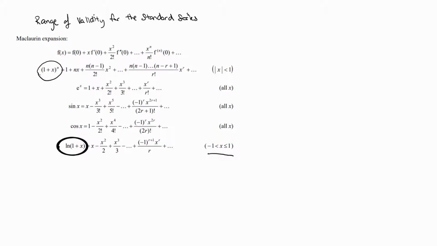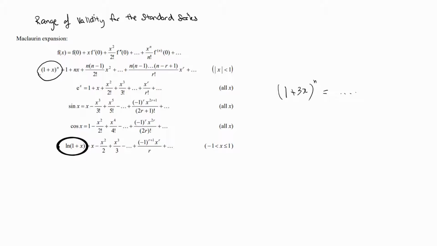Suppose you were asked to expand, let's just deal with, (1 plus 3x) to the power of n. Suppose you expanded this using the methods I've shown you in the previous lessons. Now they say hence state, or find, the range of validity for x for this expansion.